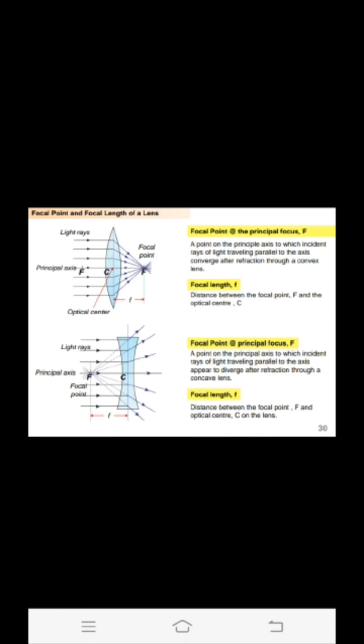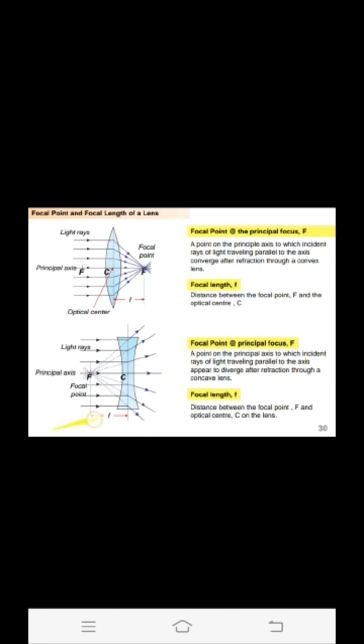Okay, next, focal point and focal length of lens. F is the focal point or principal focus, the capital F1, and the small f is the focal length. Focal length is the distance between the focal point F and the optical center C on the lens.